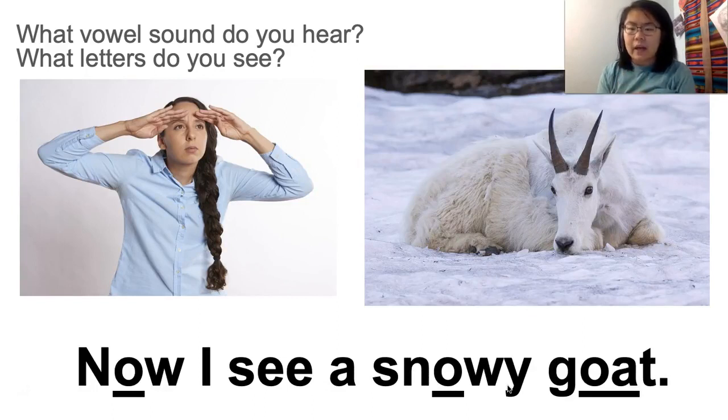Moving on. Now I see a snowy goat. So, what I want to talk about here is our letter O. We have now, ow, ow, and many people will say W is sometimes a vowel. W affects how the O is pronounced in a lot of words, but it affects it differently, just like the letter Y. So, now and snow.